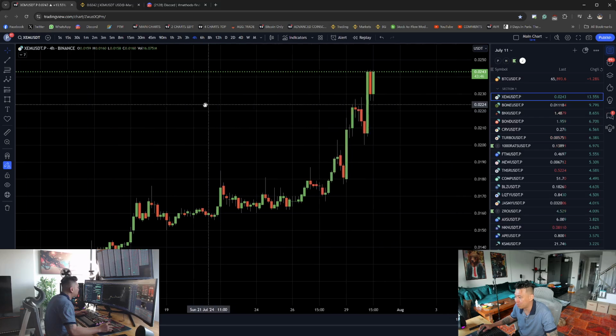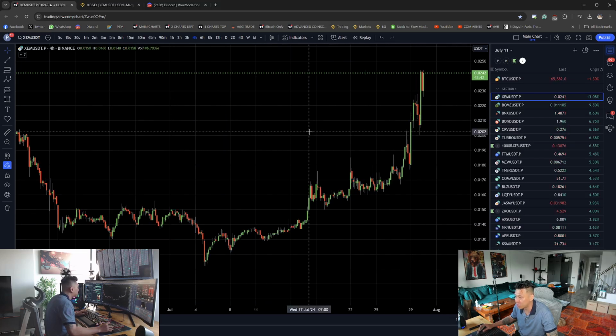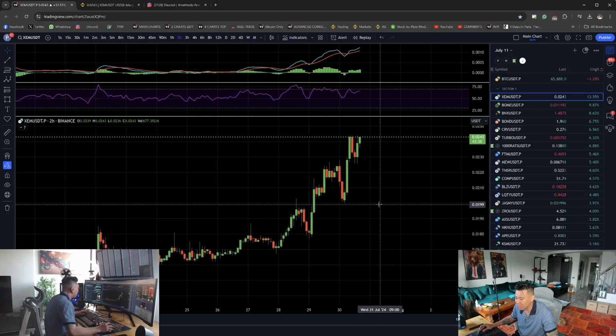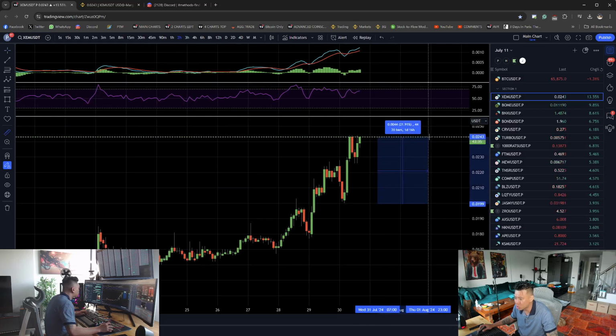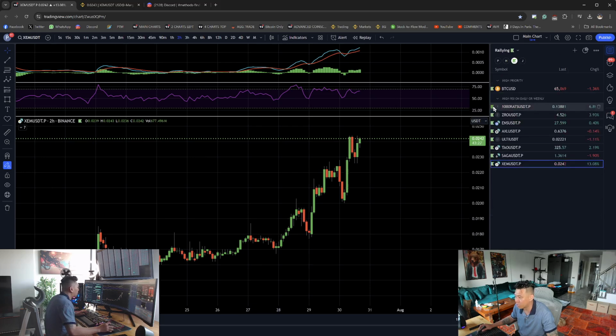Right now it looks parabolic, so it's not really the best option to trade in my opinion. It's also got such crazy movement, in 4 hours it's doing 21%. But this coin gets on the watch list, 100%.